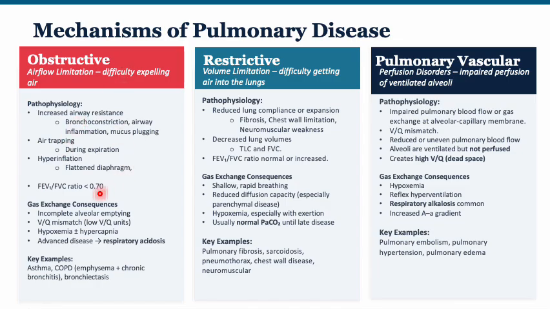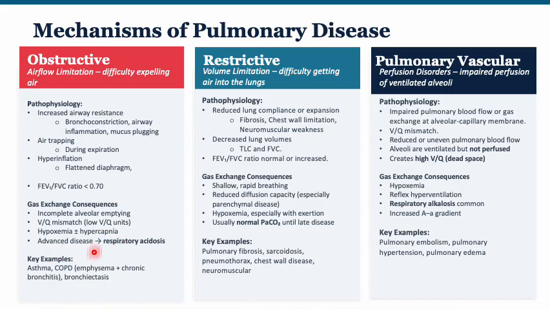If you were to look at pulmonary function studies on these patients in an obstructive state, remember your FEV1 to FVC ratio is less than 0.7. How does this result in your gas exchange? You'll end up having incomplete alveolar emptying. So there will be a VQ mismatch. It'll be low, but you can see some hypoxemia or some hypercapnia.